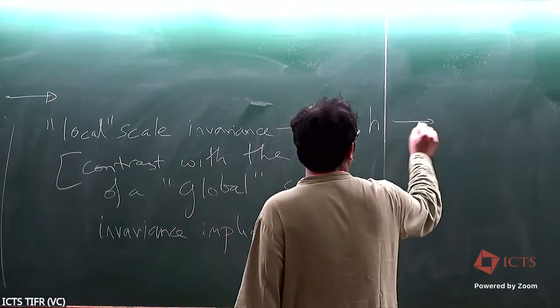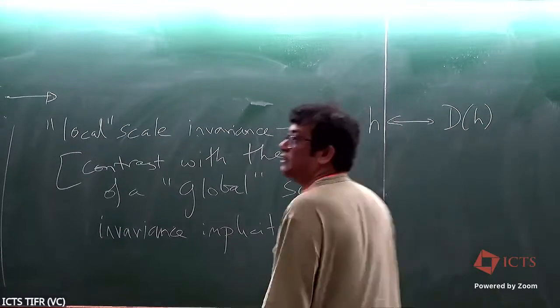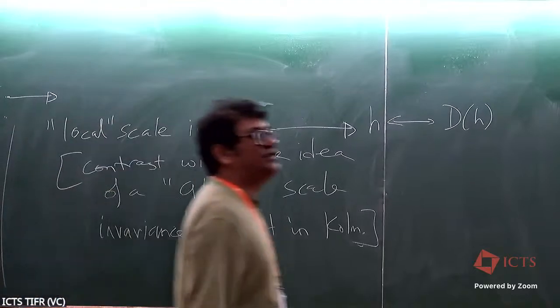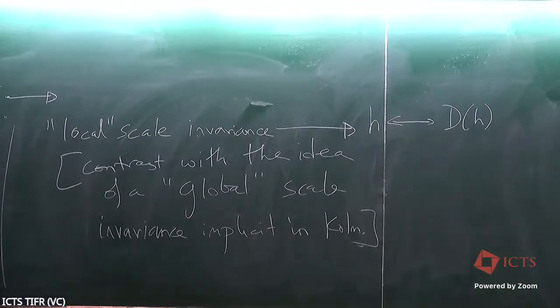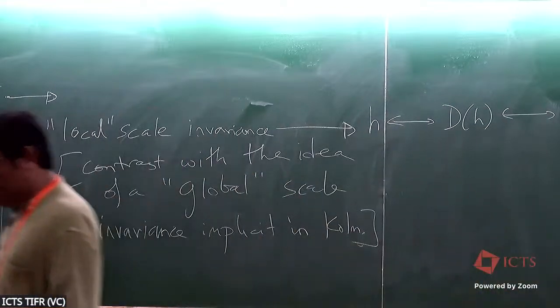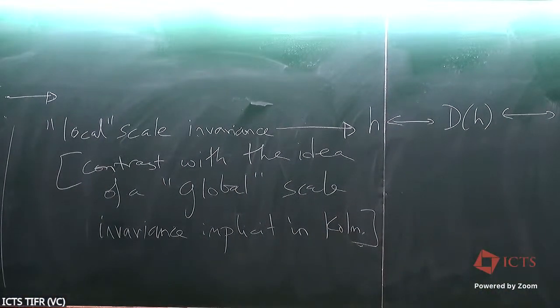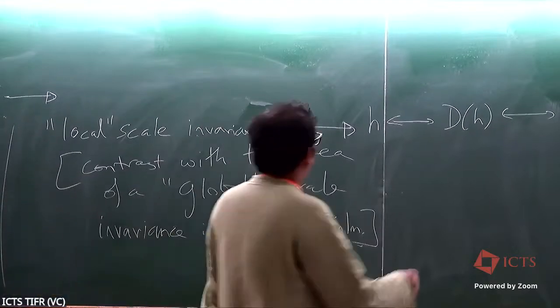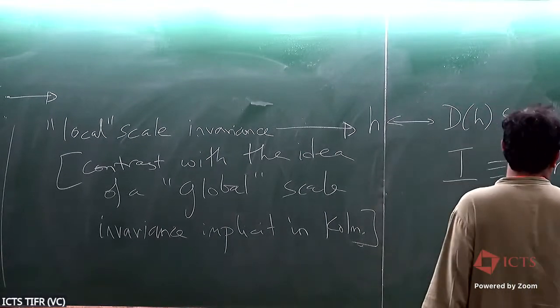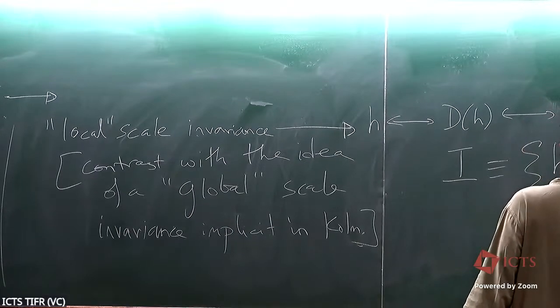And associated with each of them is some fractal dimension D of H. And all the stylized S's that I had written, the set of fractal dimension D with their exponent H on which my cascade accumulates, all those sets can also now come up with some label S of H. So essentially, the multifractal idea assumes the following, that you will have a set of an H minimum and an H maximum.